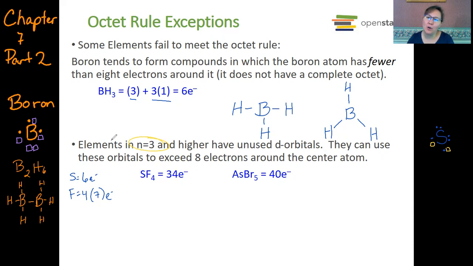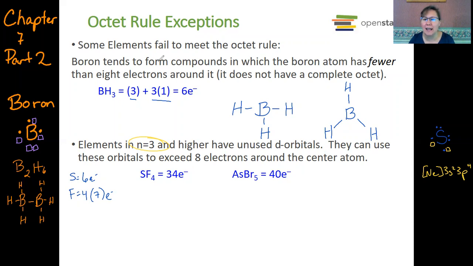Sulfur is in 3p4. Sulfur's valence looks like neon, and then it has 3s2, 3p4. It won't get to the d orbitals next, so it's got all these unused d orbitals. So what sulfur can do is put extra bonds in its d orbitals because it's in row 3.